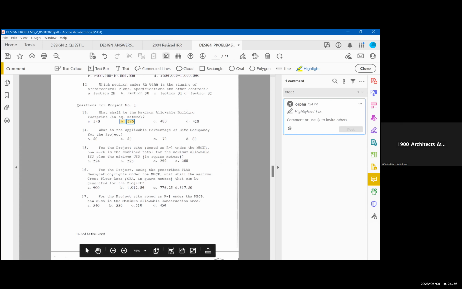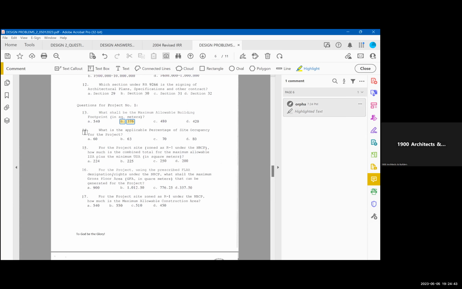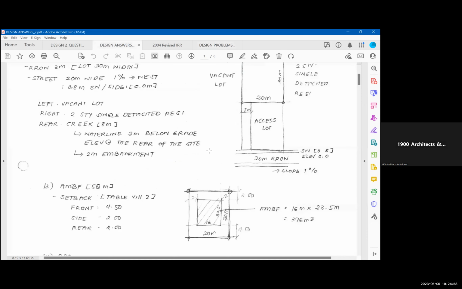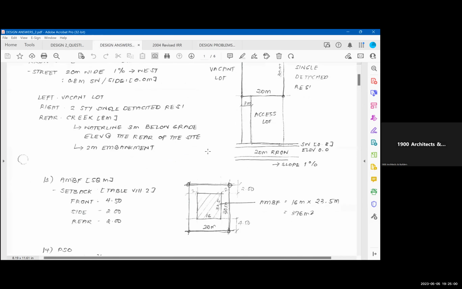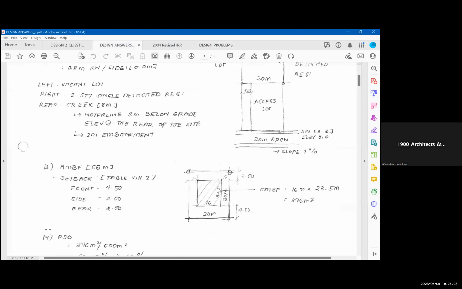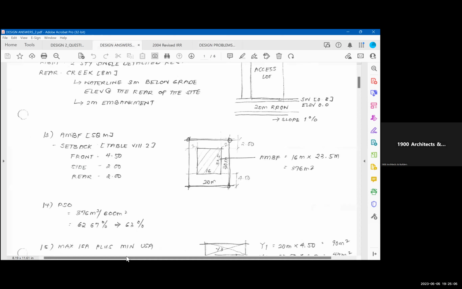Okay. So, let's go number 14. What is the applicable percentage of site occupancy for the project? So, ito naman yung PSO. Paano naman natin kukunin yung PSO? So, ito, papakita ko na sa inyo paano, yung ating answer sheet.